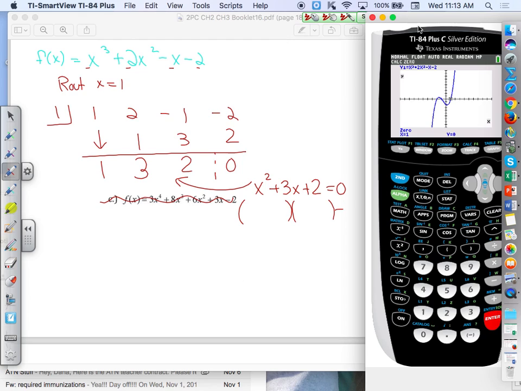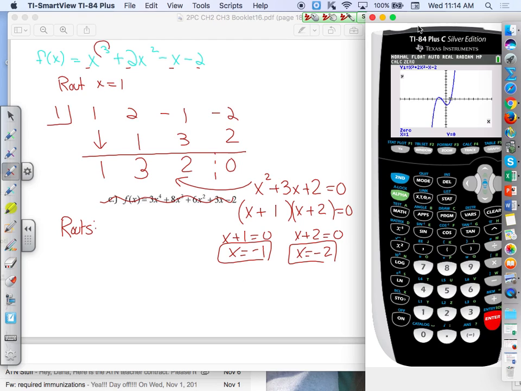And then again, all of these tonight will factor. So if I set each of those factors equal to 0, I get x is -2, x is -1. So my roots, again, it was a cubic, so I should have 3 roots. Here's the first one is 1, and then also -1 and -2.